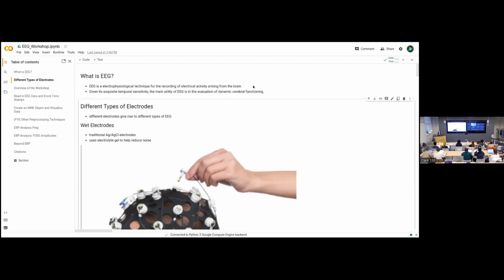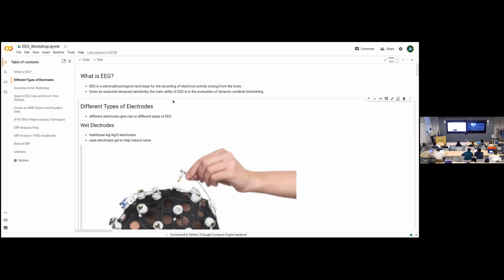So hopefully you guys remember what Daniel covered in our first general lecture for introduction to brain-computer interfaces. In that lecture, we taught something about EEG, which stands for electroencephalography. Here we have a more precise definition of EEG. It is an electrophysiological technique for the recording of electrical activity from the brain.